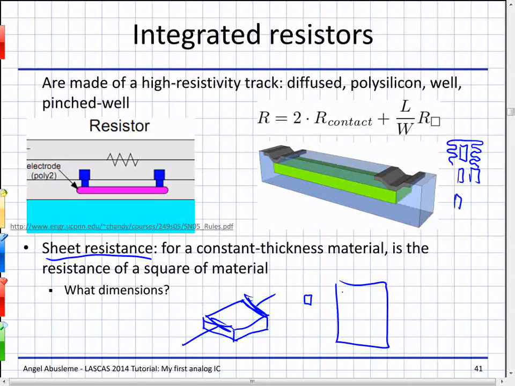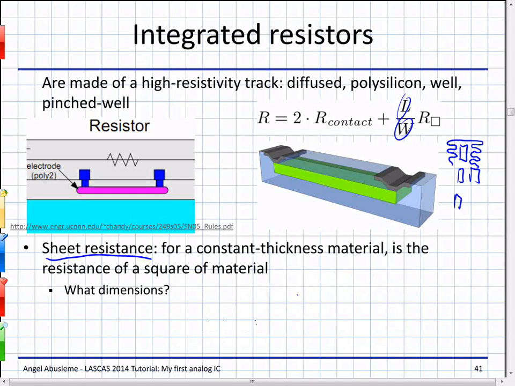It depends on the thickness, but doesn't depend on the size of this square, because if we increase the square, we increase the length, but we increase also the width. So we keep the same shape, basically. And how do we compute the resistance of a certain shape of resistor? Well, we count squares. For instance, we can have something like this. And we count 1, 2, 3, 4, 5, 6, 7 squares plus a corner.